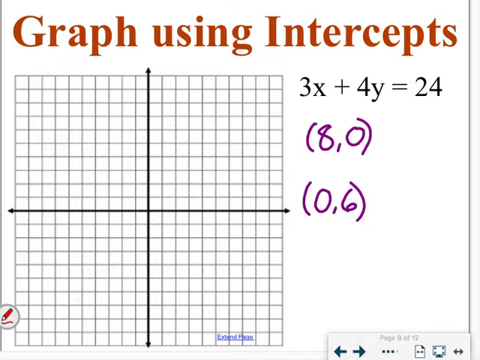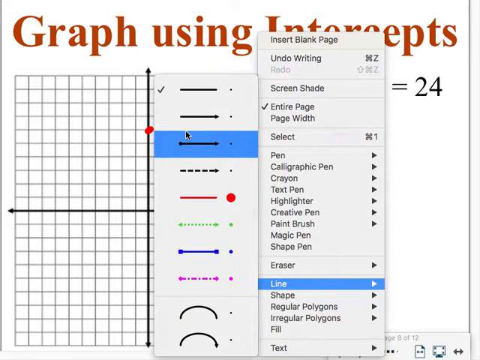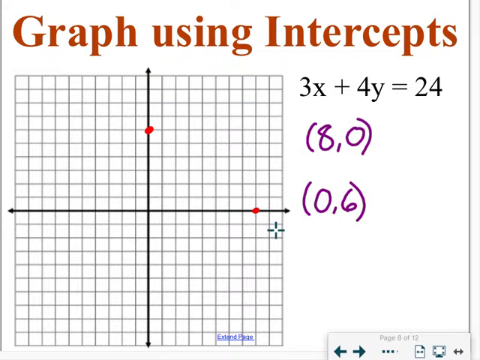So I go over 8 and up 0, and for the y-intercept, over 0 and up 6. Then all you need to do is use some sort of straight edge. I conveniently get to use the line function that they give me on the computer, but you want to make sure that you have a straight line going through both of those points.